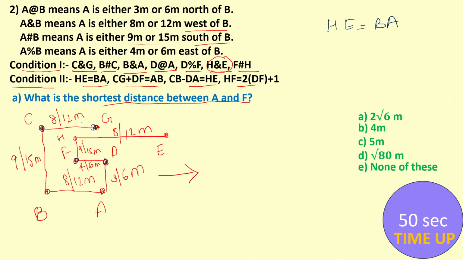Next is CB minus DA is equal to HE. Then we have HF is equal to 2 times DF plus 1.